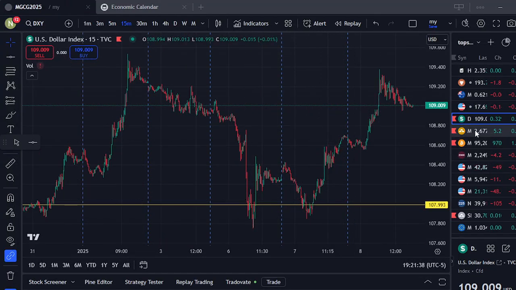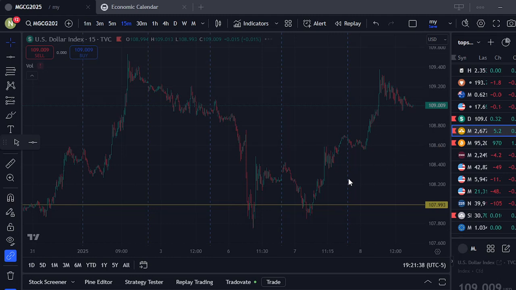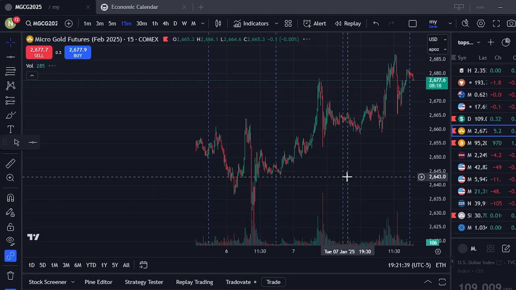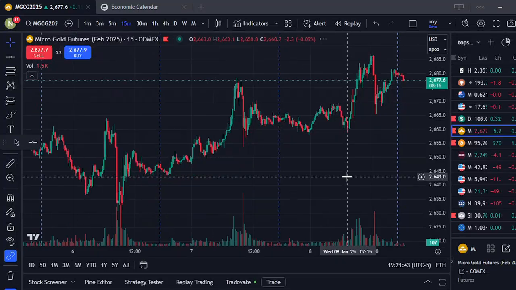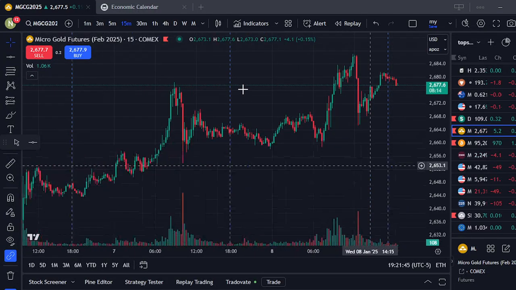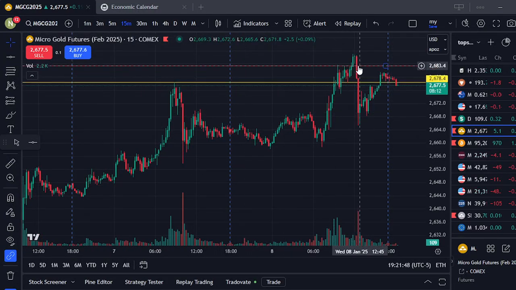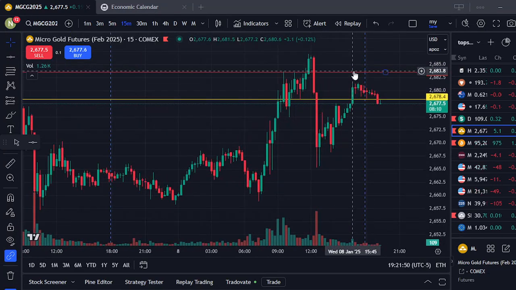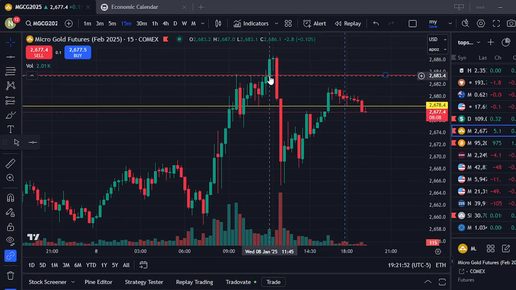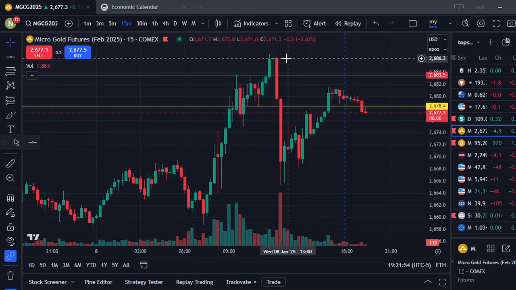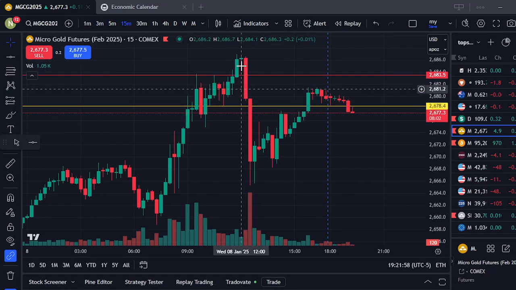That being said, we saw a dump on gold as well. Yesterday, I shared my analysis about how I was looking to go long on gold once we clear this area here. Once I saw this, I realized that the next candle, if you look at it, had no buying. The buying exhausted here.